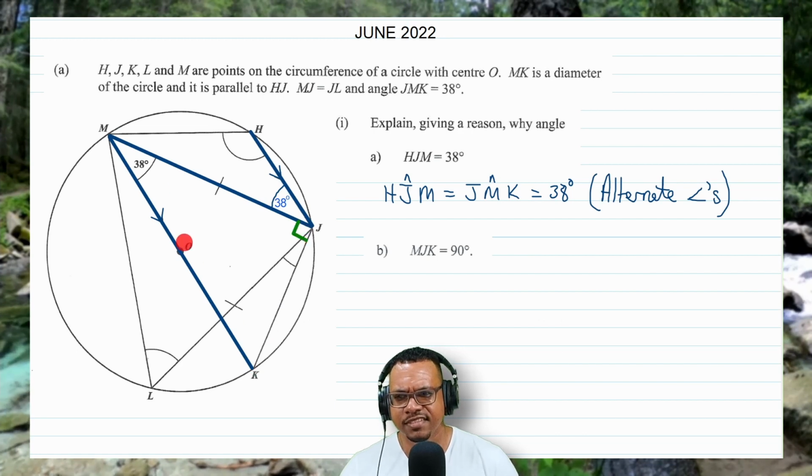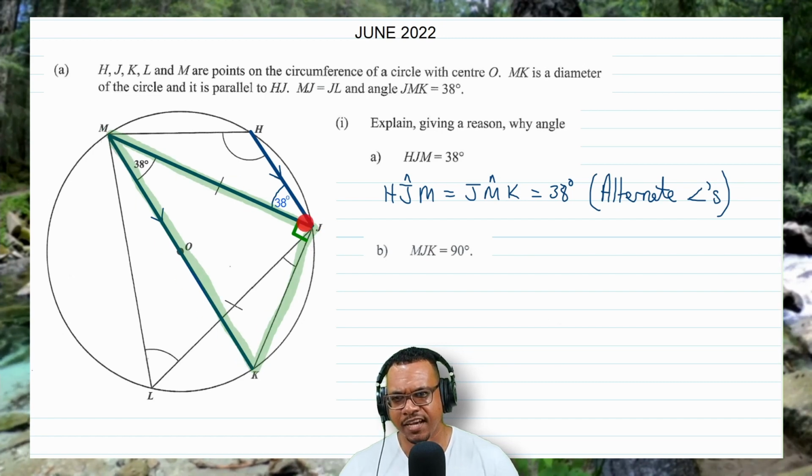Now, if we notice, this is the diameter here, right? So whatever is on this part of the circle will be a semicircle. And we know the angle in a semicircle, meaning once the arms of the angle are standing on the diameter and that angle touches the circumference, that would be a 90-degree angle. And the reason will be angle in a semicircle. Okay, so I just highlighted the diameter and also the arms of the angle.